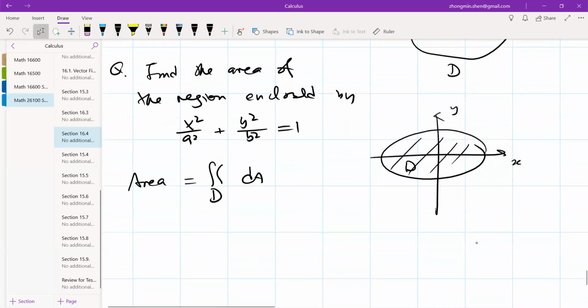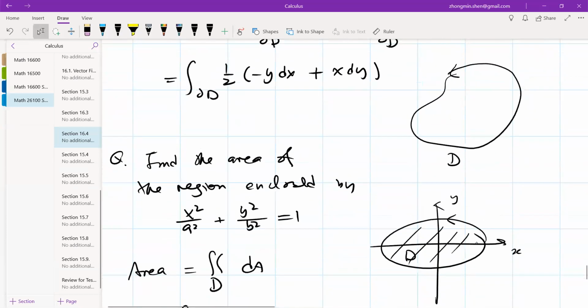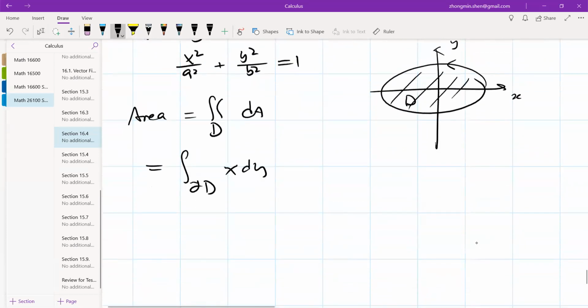So now, according to the above theorem, it's going to be the line integral. The boundary of D is just the counterclockwise ellipse. So you can choose any of them. I'm not going to use the second; just use the first one, x dy. Okay, let's see.